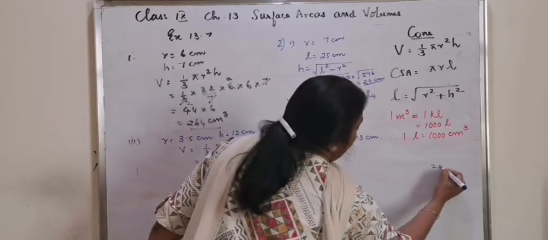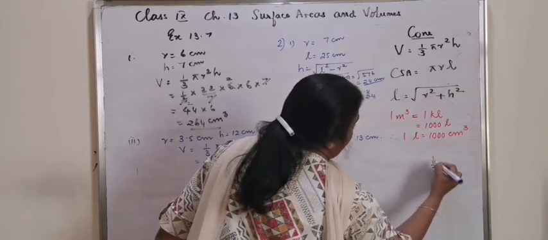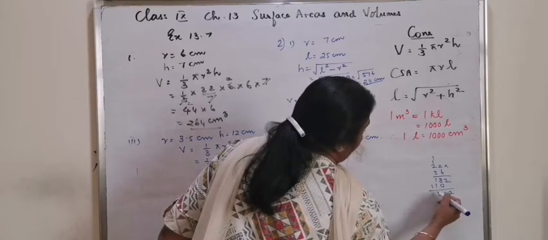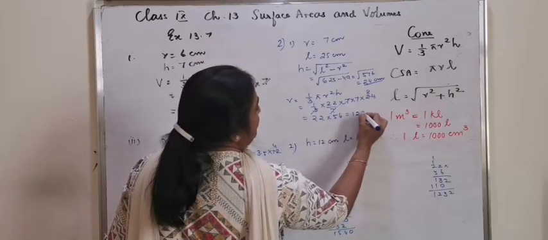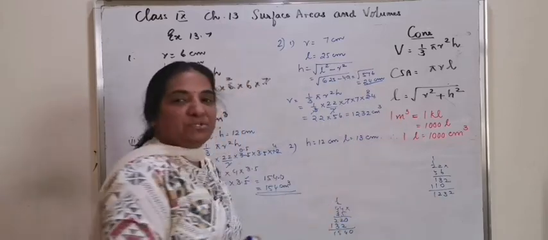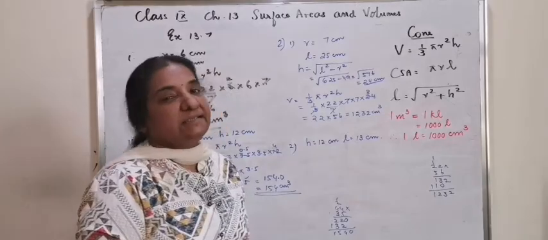Let's multiply 22 into 56. 1232 centimeter cubed.